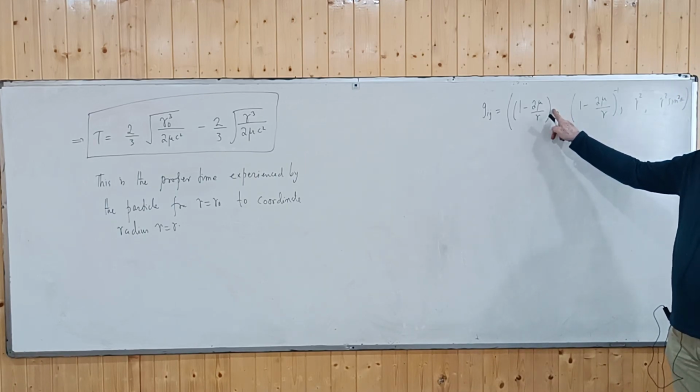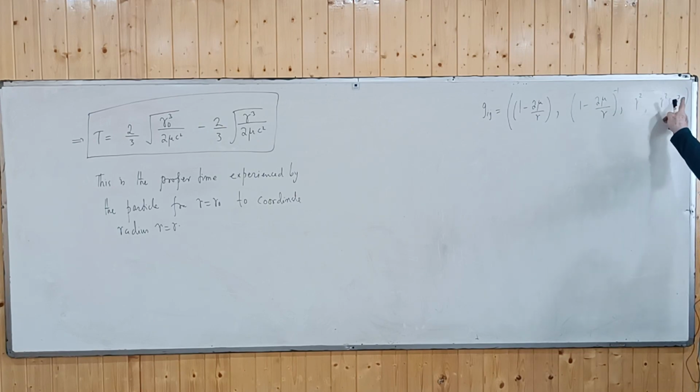So this is multiplied by dt square, dr square, d theta square and d phi square. I have written just the metric, so we can write the line element as well.